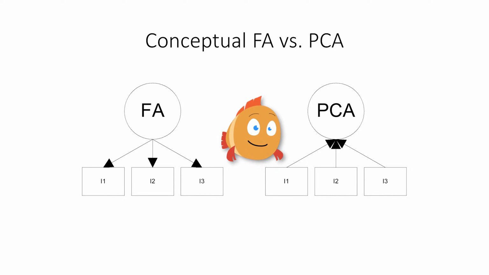Right? Cool. Versus principal components analysis, which is a data reduction technique where the arrows go from the questions to the latent component. There is no theory here. There's not this idea that whatever that component is causes responses. No. It is a data simplification technique as a way to simplify your big giant data matrix into the smallest number of pieces that capture the bulk of variability.